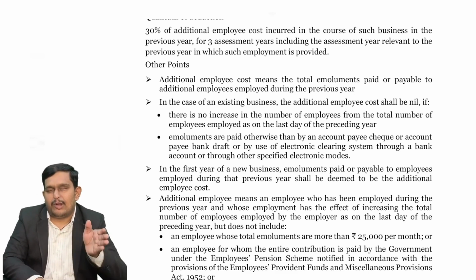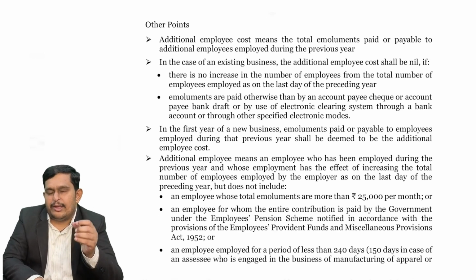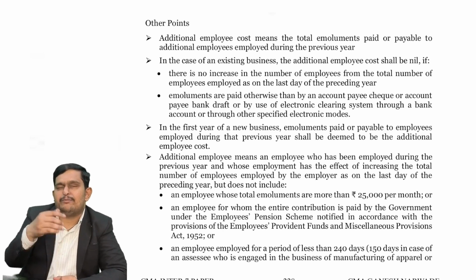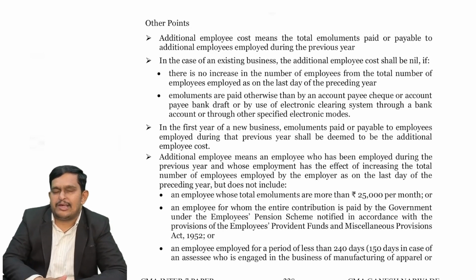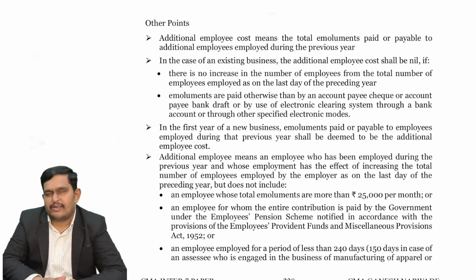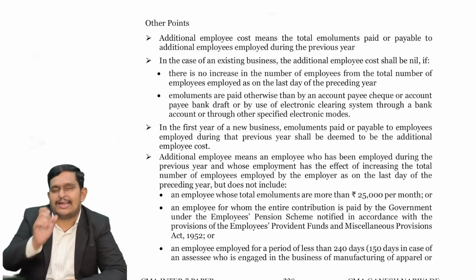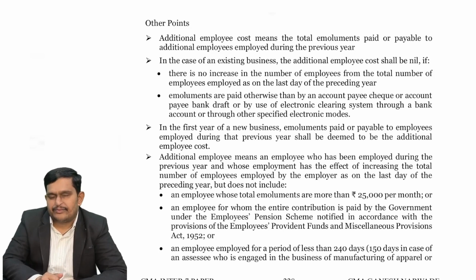Here, employers hire the employee, correct? So employers get a deduction under 80JJAA. But if the salary of the employee is more than 25,000, the employer will not get deduction. Suppose the salary of the employee is paid by the central government through the Employees Provident Fund and Miscellaneous Provisions Act 1952, then definitely you will not get deduction under 80JJAA.